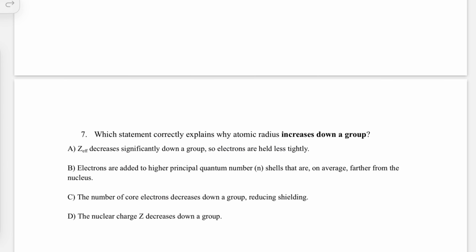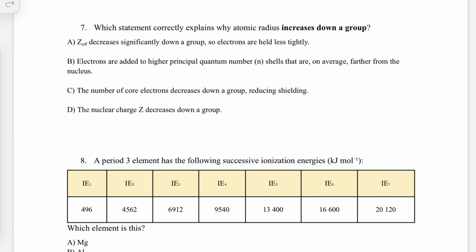Okay, question 7. Which statement correctly explains why atomic radius increases down a group? A. The effective nuclear charge decreases significantly down a group, so electrons are held less tightly. This is not true. Effective nuclear charge actually remains relatively consistent down a group.